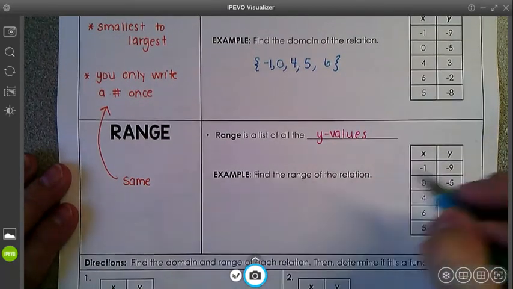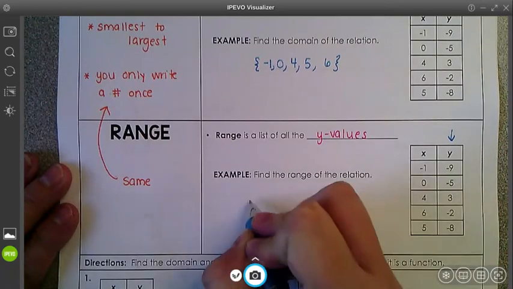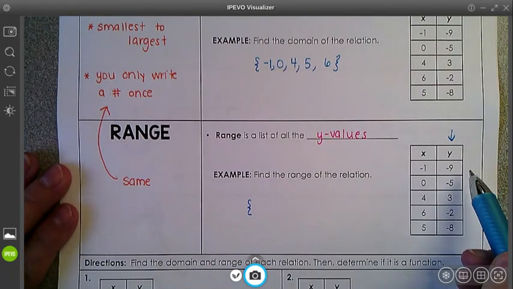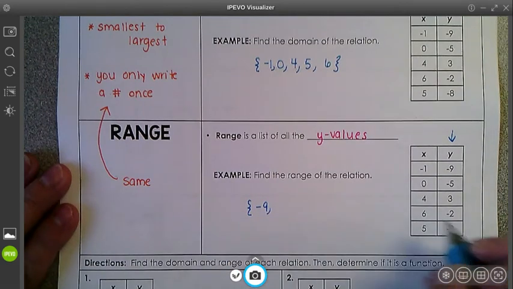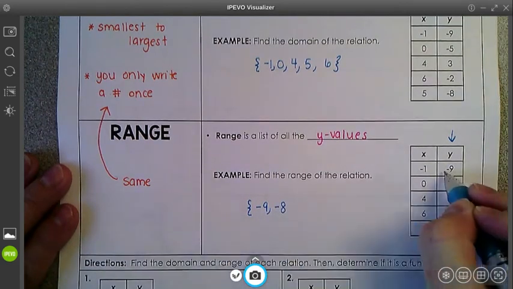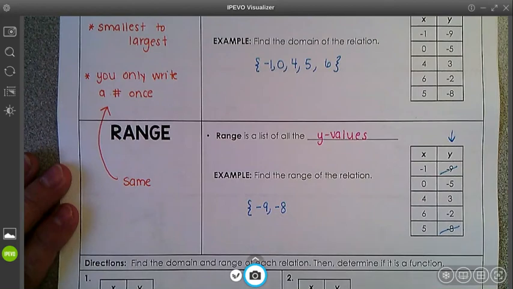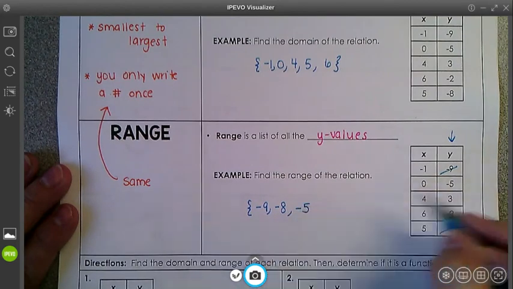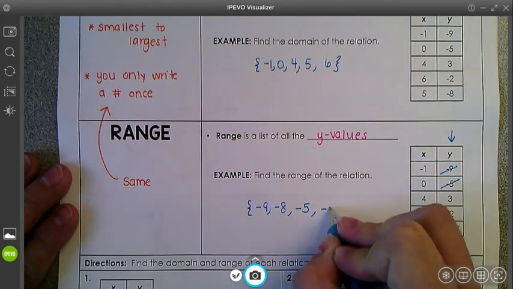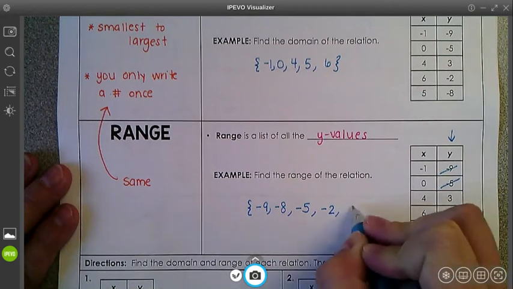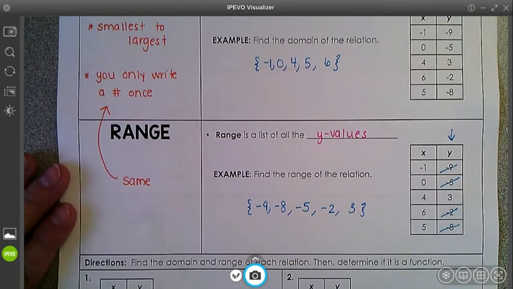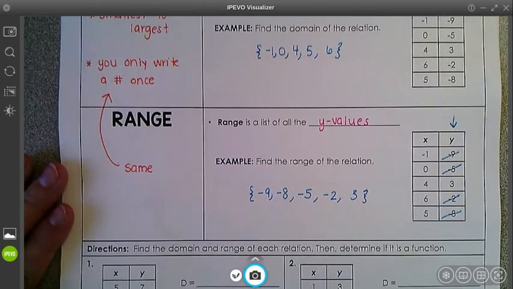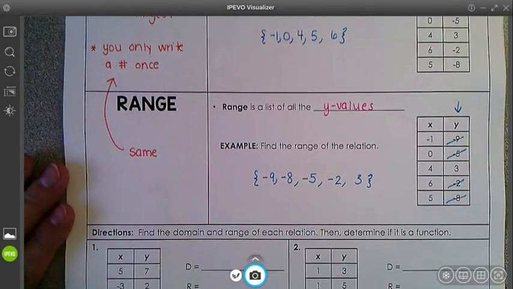So for example, all of our y's, the smallest one is -9, then -8, and it might help you to cross them off as you go. -5, -2, and then 3. And that's all it is.